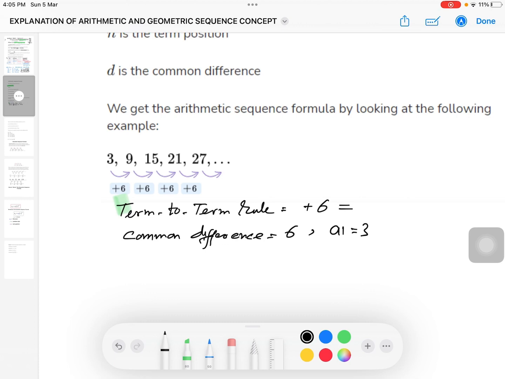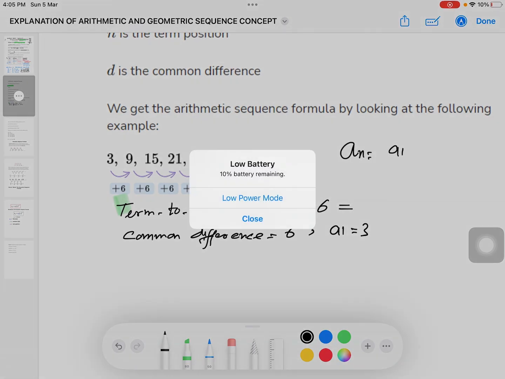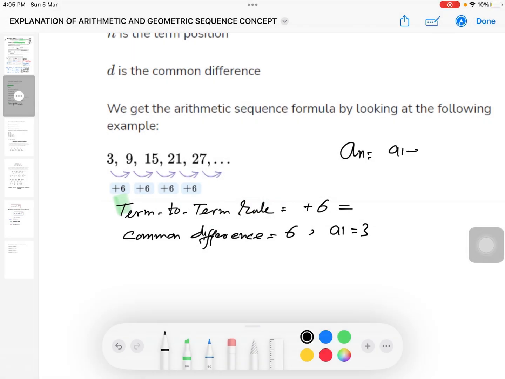Now how to find the nth term? an equals a1 plus (n minus 1) into d. So a1 is 3, plus (n minus 1) into, what's the common difference? It's 6. So multiply 6 with this.